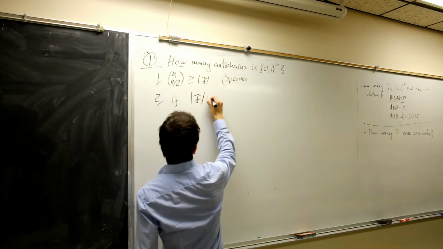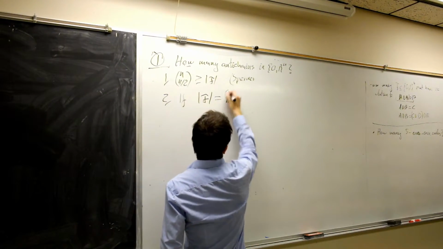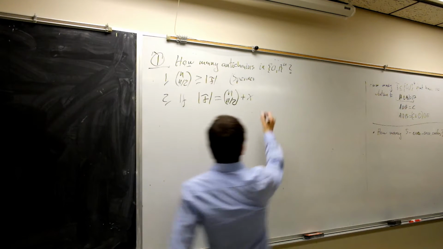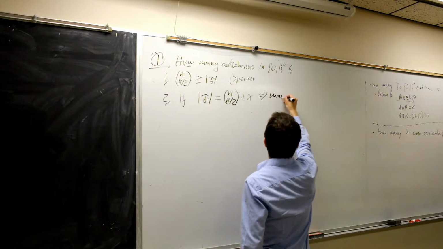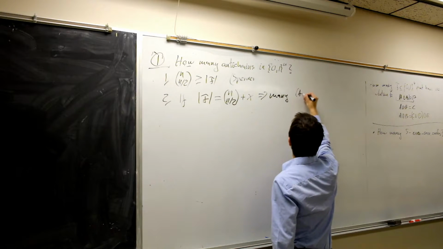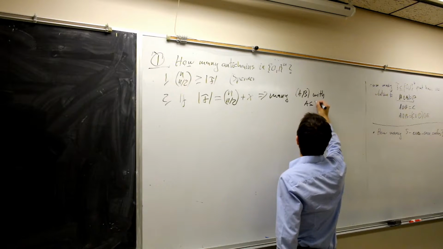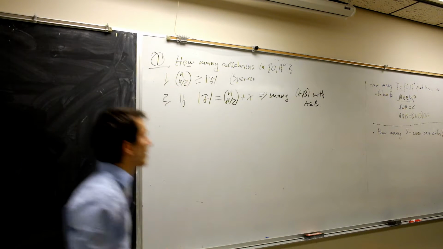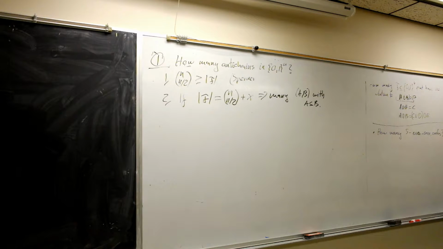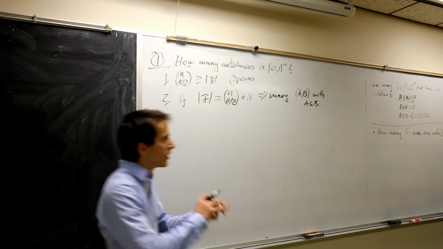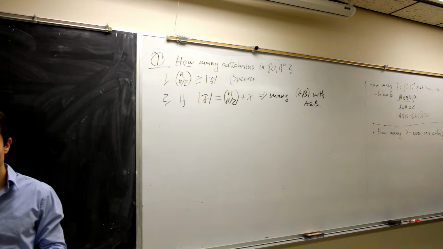So we want to prove that if a family has size n choose n over 2 plus x, x can be anything, then it contains many comparable pairs in the family. Okay, so how can we do that? How can we prove that if the family is slightly bigger than the middle layer of the Boolean lattice, it contains many comparable pairs?